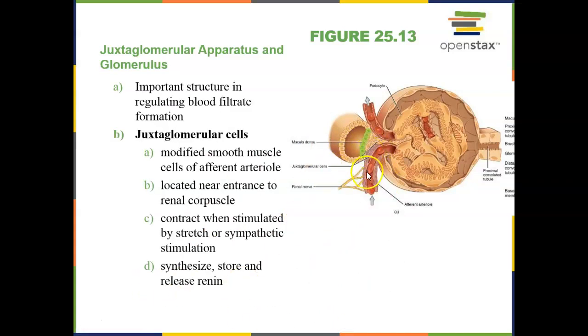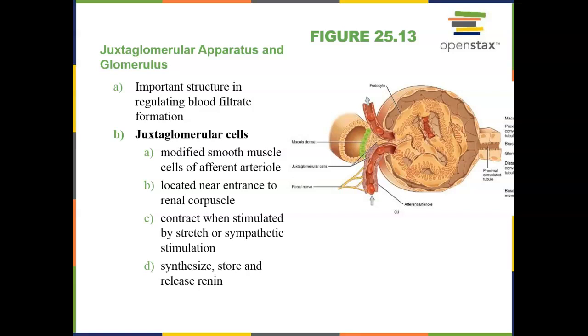In the afferent arterioles, we have these juxtaglomerular cells. These juxtaglomerular cells are going to detect changes in plasma osmolarity. So if you have a high osmolarity, lots of solutes in the plasma, that's going to stimulate these juxtaglomerular cells to constrict.